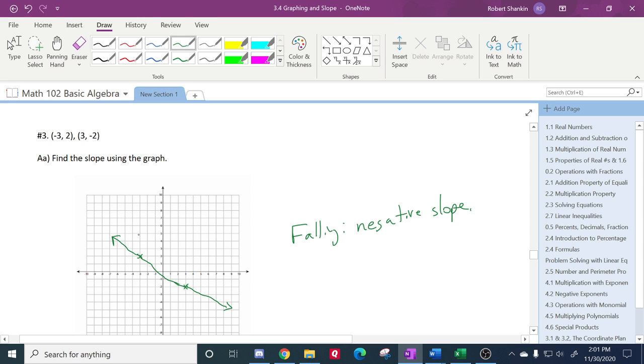And the 2 points over here, again, negative 3, 2, and 3, negative 2. And let's do the run first. I'm going from this point to this point. I run till, oops, I went a little too far.